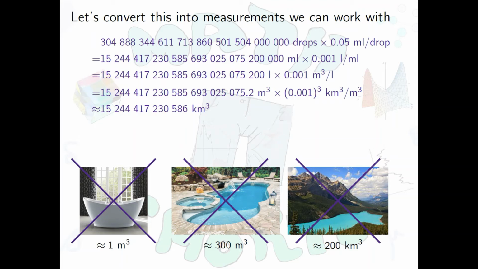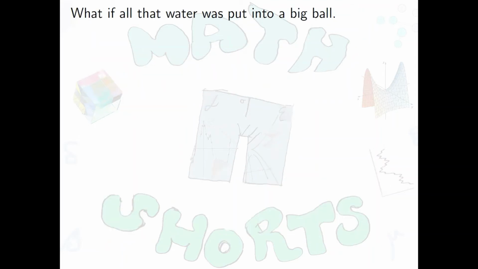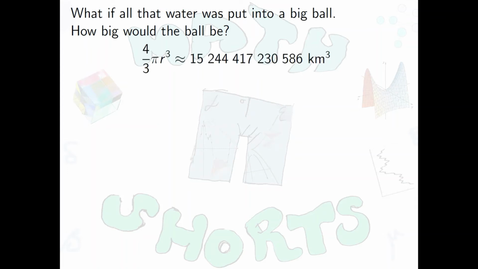So let's look at this a different way. What if we put all of that water into a big ball? How big is that ball going to be? So we know the volume of a sphere is 4/3 pi r cubed. We set that equal to our 15 trillion cubic kilometers.